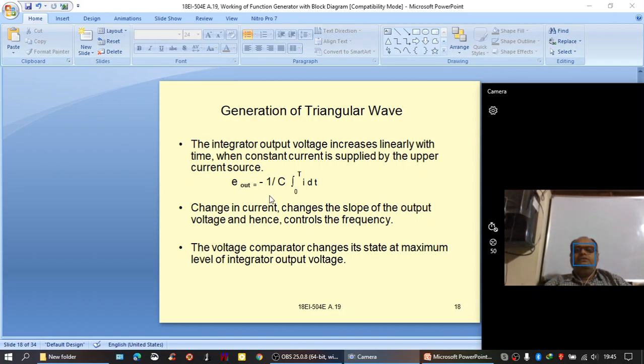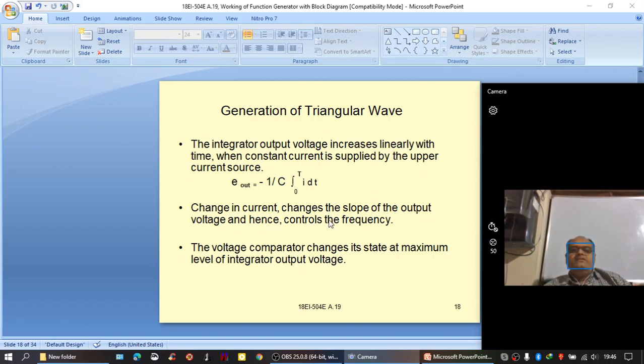E out is equal to, that is the voltage on the capacitor, minus 1 by C integral 0 to T of I dt. What is 0 to T? The time period of the triangular wave signal. Here we will get what we say a linear ramp signal. During positive it will go up, during negative it will come down.